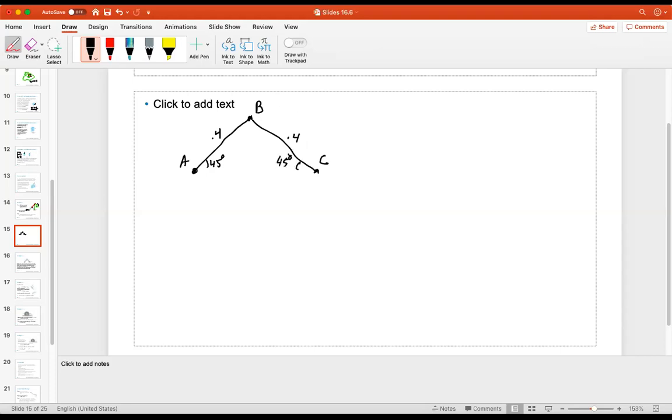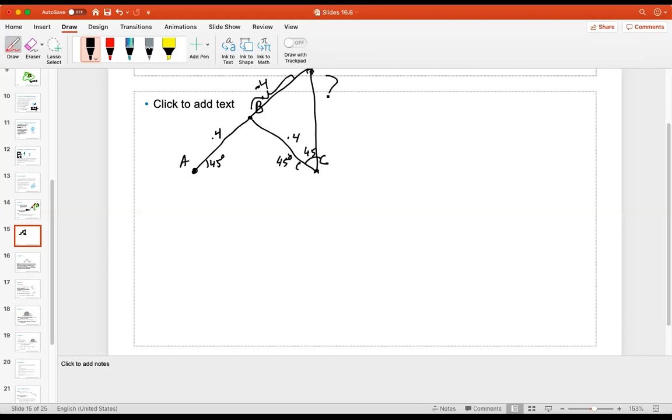Now, we said that we needed to extend this up here to find the center. But because this is 45 degrees and this is all part of a right triangle, I know that this is 45 degrees. And basically that tells me that this side length must also be 0.4.